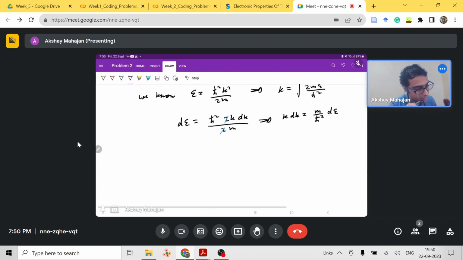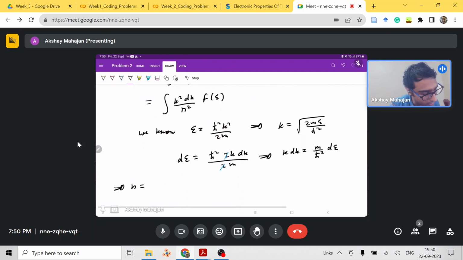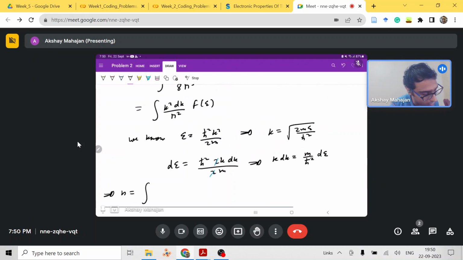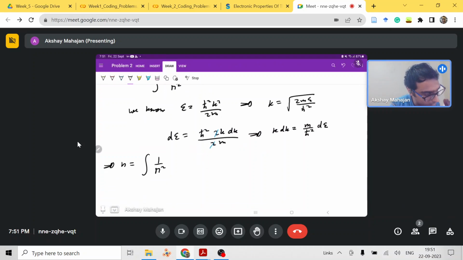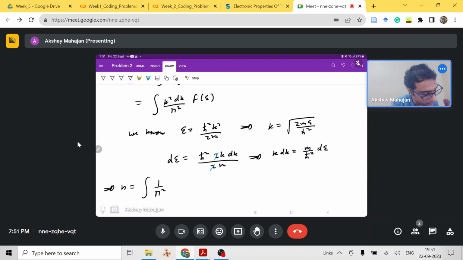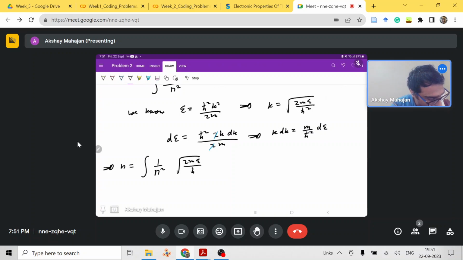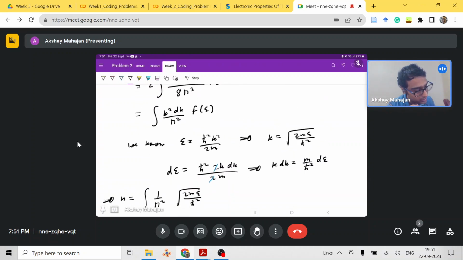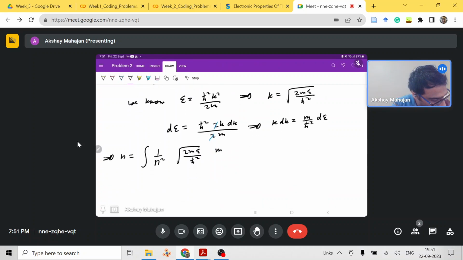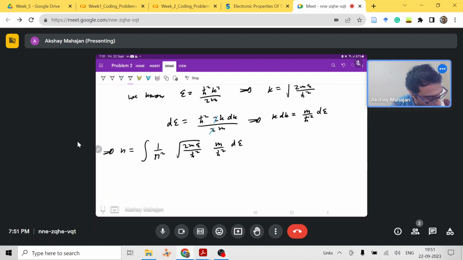Alright, therefore this implies our n will now be equal to, we will replace this value, so instead of k squared dk we can write this, instead of one k we can write that. So we have 1 upon pi squared, and instead of k I will write the square root of 2m epsilon upon h-bar squared, and for k dk I can write m upon h-bar squared times d epsilon, and I have f of epsilon times d epsilon.